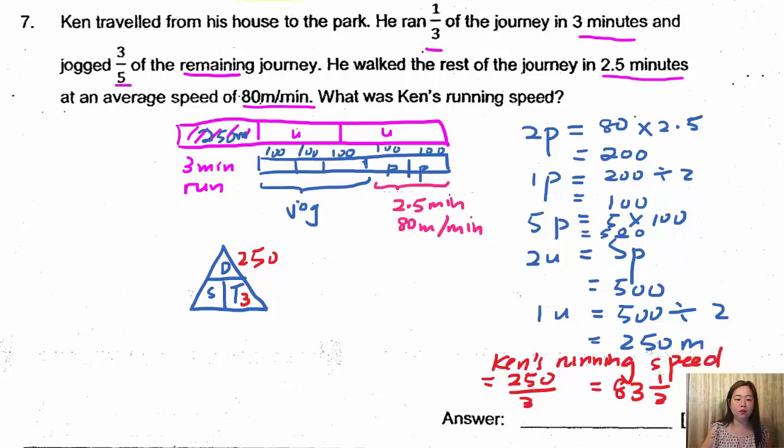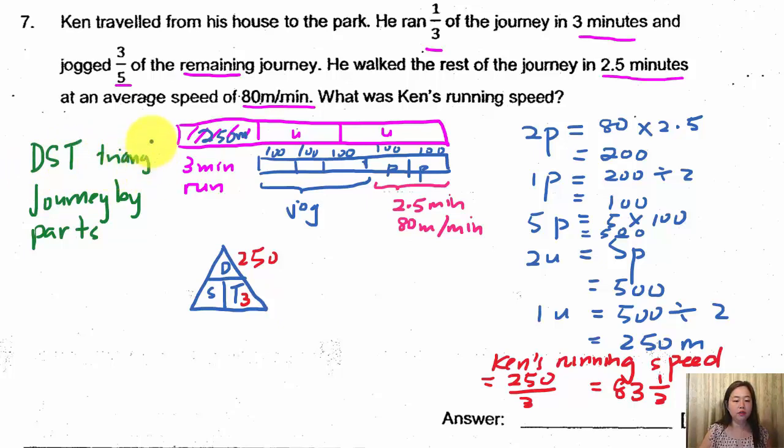So let's recap what we have learned here. We learned about a fraction of a journey, which is called journey by part. We also use the distance, speed, time triangle so that we can find what is missing in the triangle.